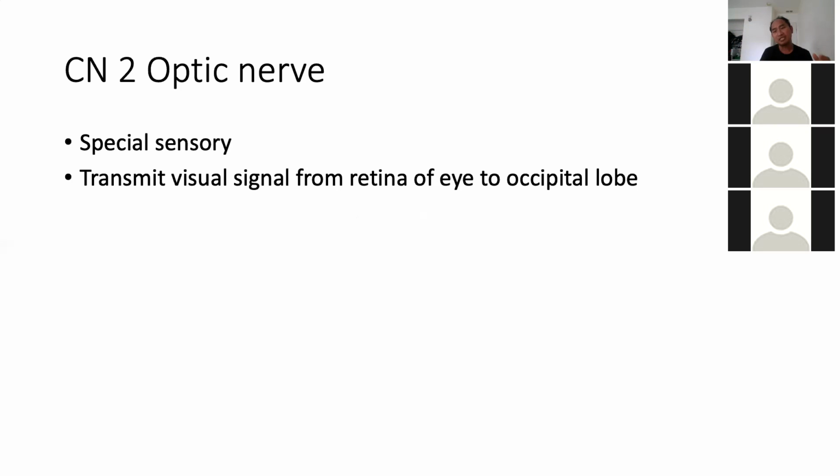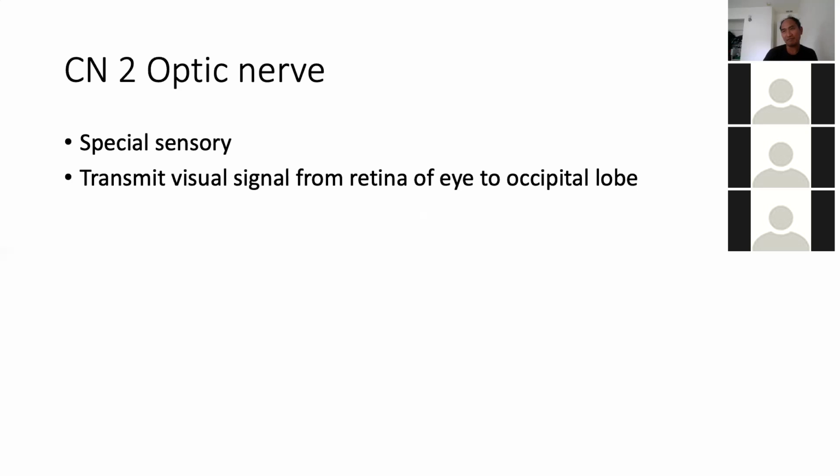If you see something, you are seeing multiple colors in a meaningful way. And at the same time, this occipital lobe is going to stimulate many other parts of your brain, isn't it? You might feel sad, you might feel happy, because you see something, you remember something. So it is so complex. The optic nerve, the second cranial nerve, is taking all the light and action potential from the retina to the occipital lobe.